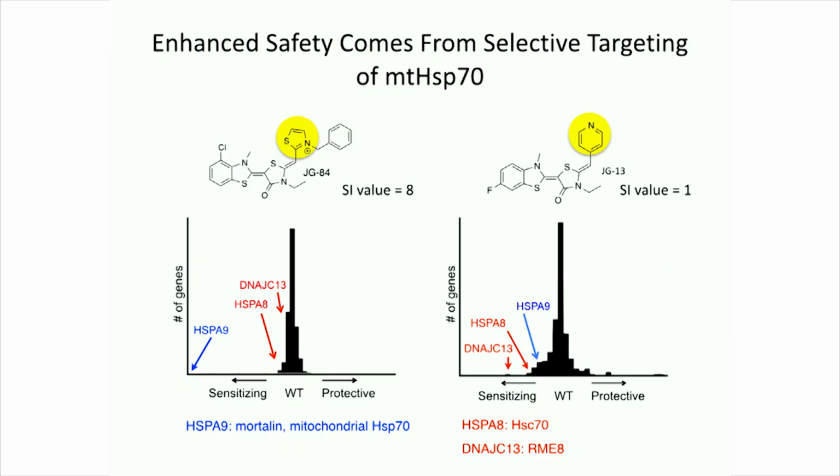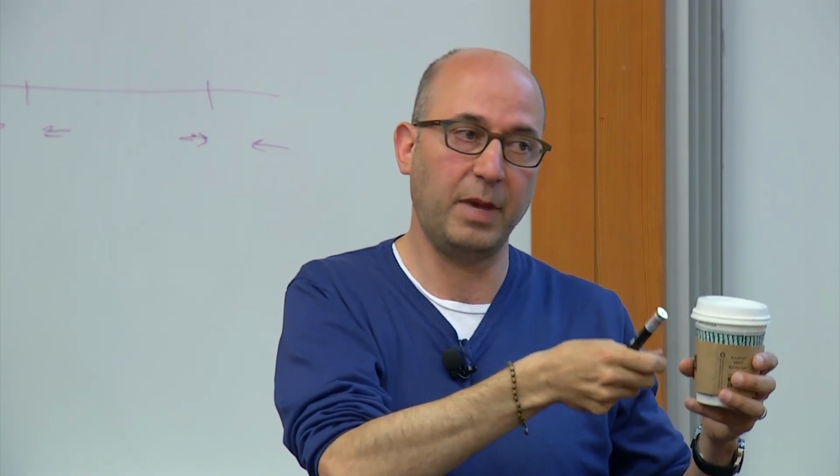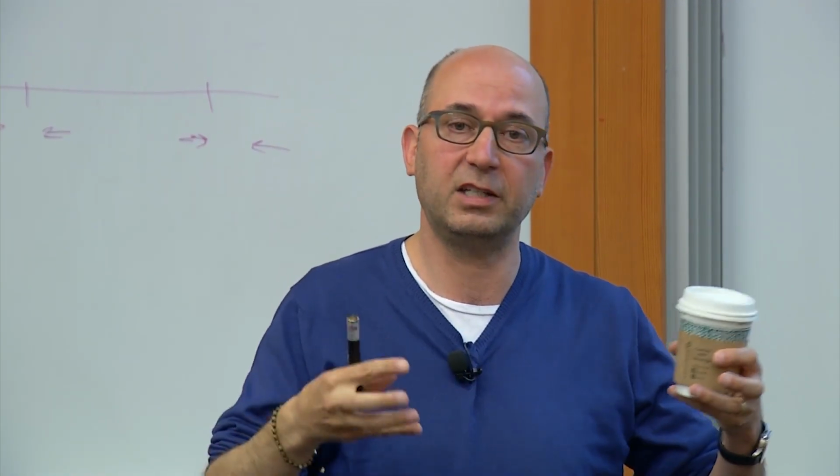And that's because the difference between 84 and 13 is 84 had a positively charged ionizable group. And so the idea is that even though they inhibit all the HSP70s with similar specificity, because of the proton motive force in the mitochondria, this causes JG84 to become charged inside the matrix of the mitochondria, and that leads it to accumulate inside of the mitochondria.